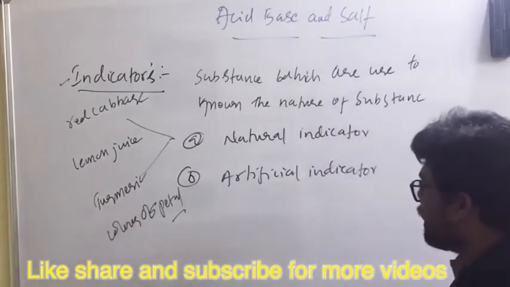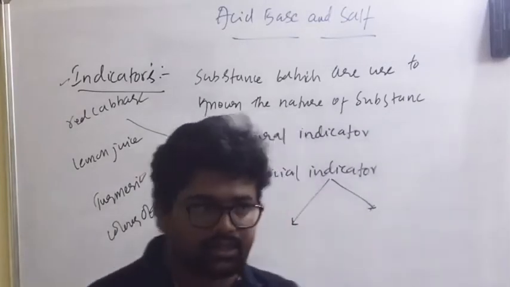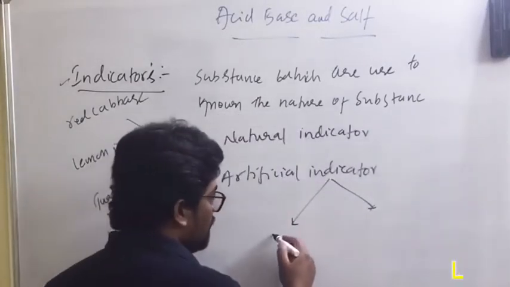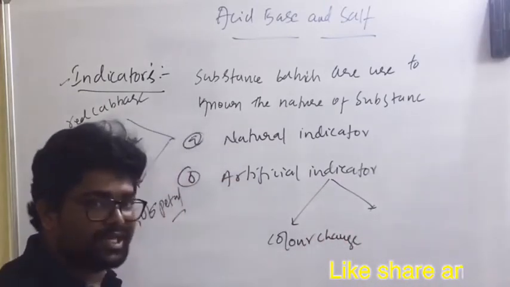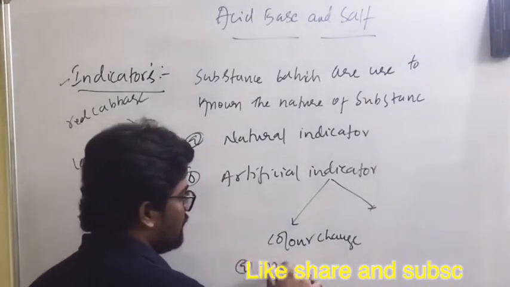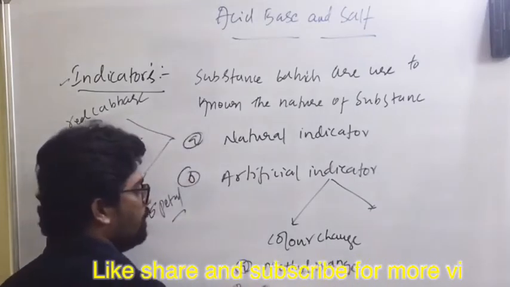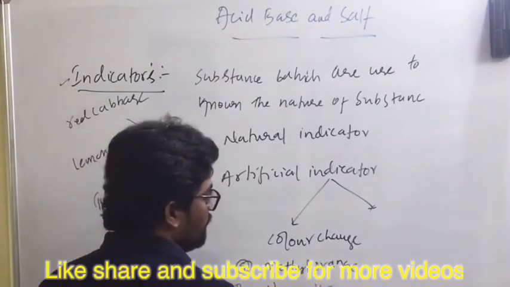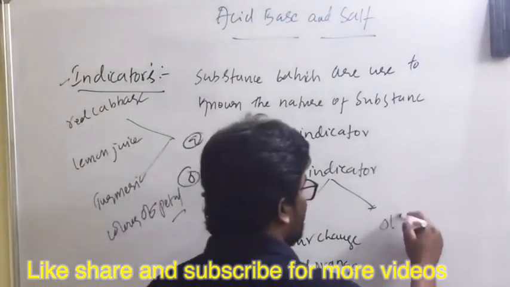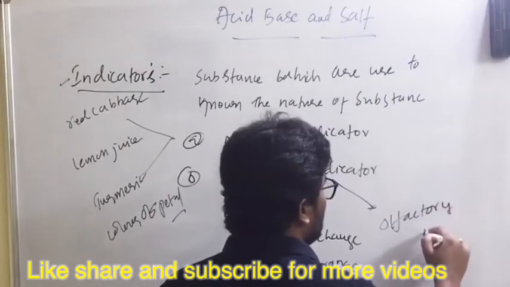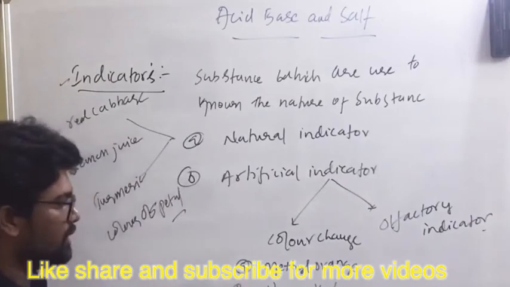In the same way, artificial indicators are man-made. We have two types of artificial indicators. One is color change indicators, which change their color, like methyl orange and phenolphthalein. The other is olfactory indicators, which we will discuss after this.